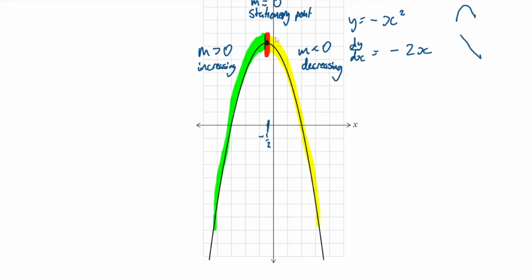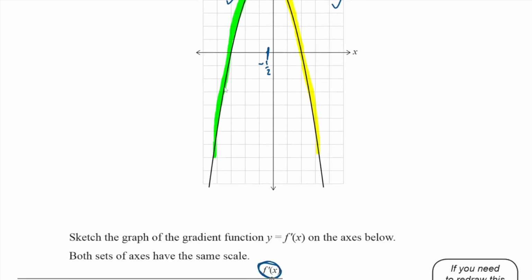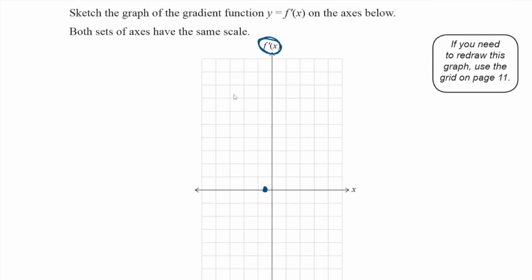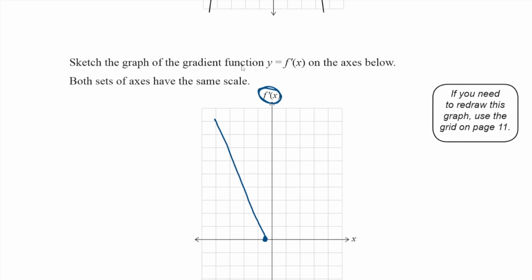Now everything to the left of the turning point, the gradient is positive. So on our gradient function, the y value should be positive. It should be in that half. So we can draw our line something like so. The steepness of the line doesn't matter too much, for a sketch at least.